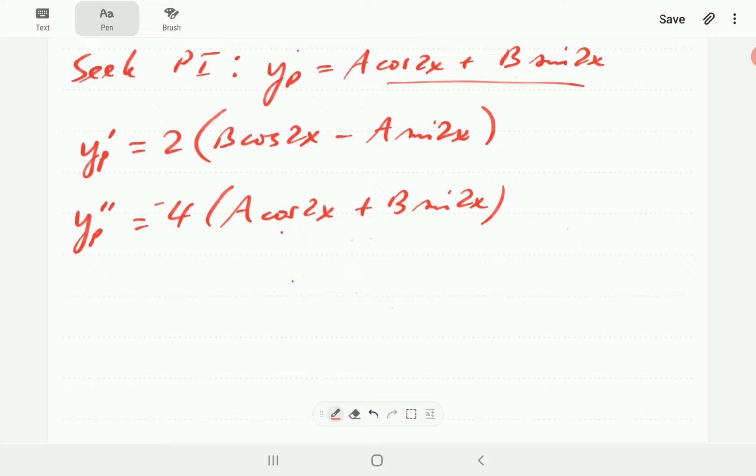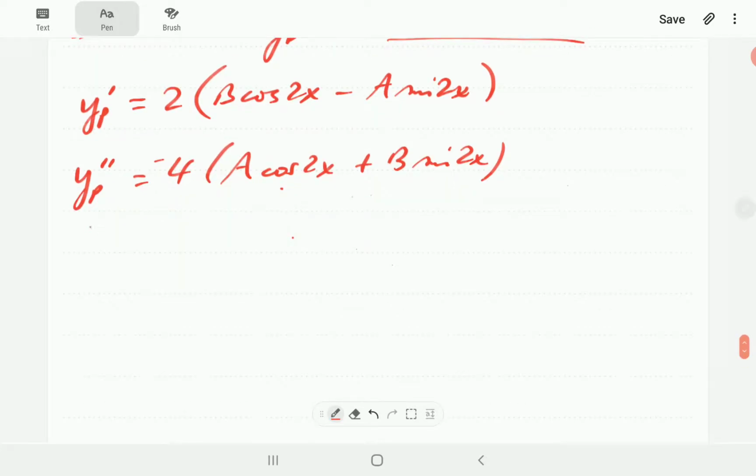Right, then we can substitute into the ODE.